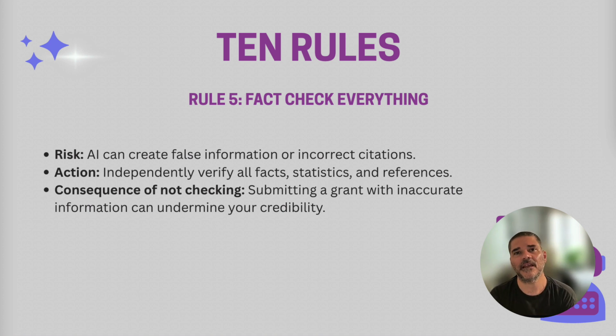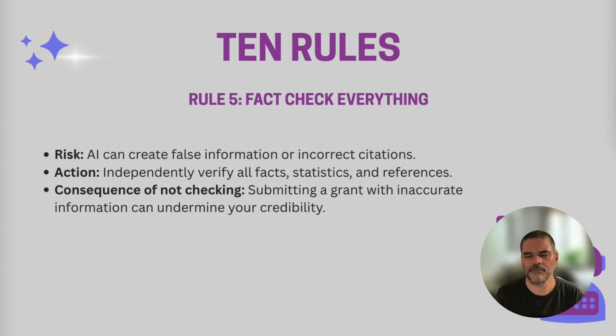So independently check all these facts, click on the links, double check the statistics and the references that you've asked for. And obviously the consequence of not checking is this can undermine your credibility, and maybe you will have your grant application thrown out because it is full of incorrect facts, figures, and ideas.